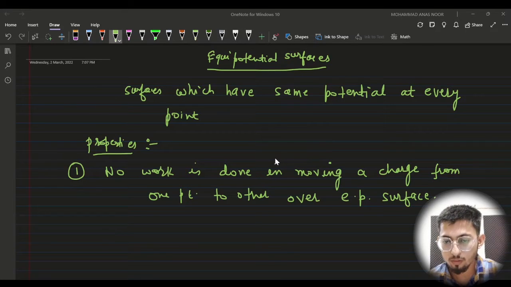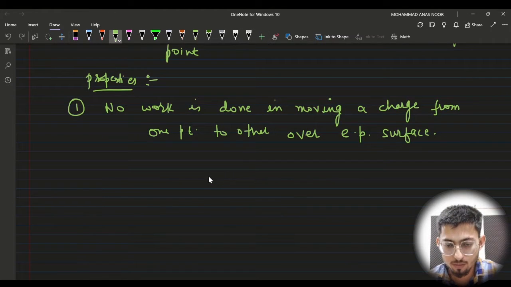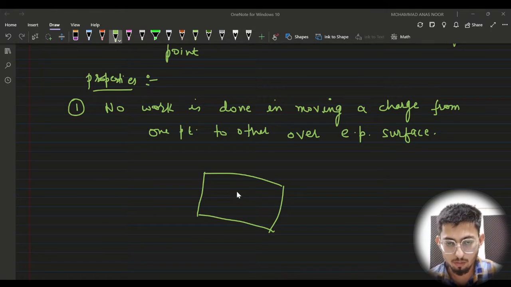So let us prove this with an example. Let us take an equipotential surface. The potential at any point on this surface is equal. So let us take 2 points A and B on this surface.